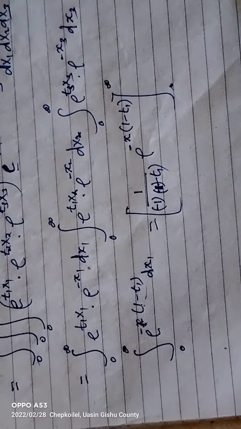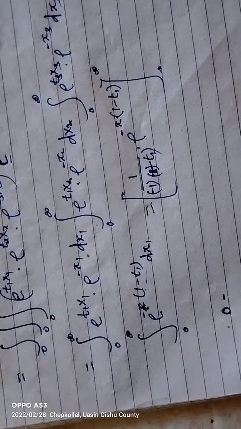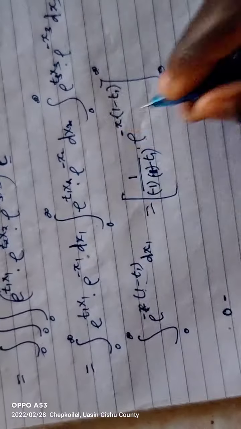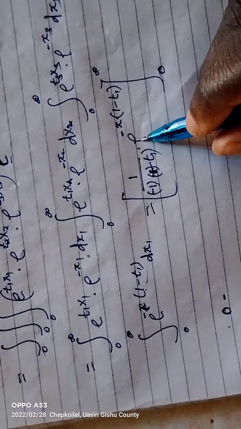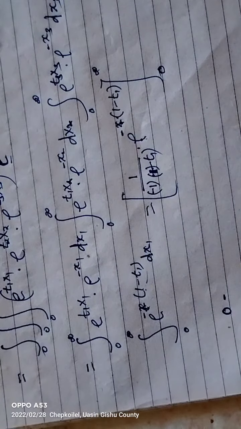Evaluated from 0 to infinity. When you replace x with infinity, this one is 0, and 0 multiplied with any number is 0. So it will be 0 minus, when you replace x with 0, you are going to get exponential raised to negative 0, which is 1.